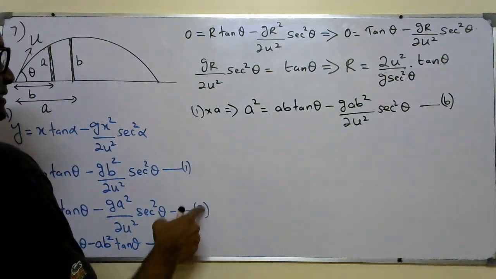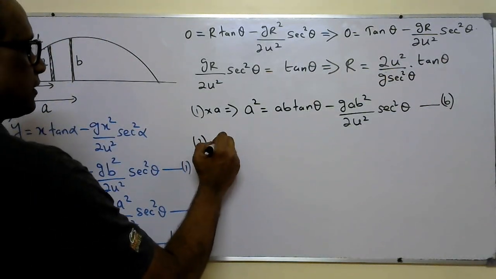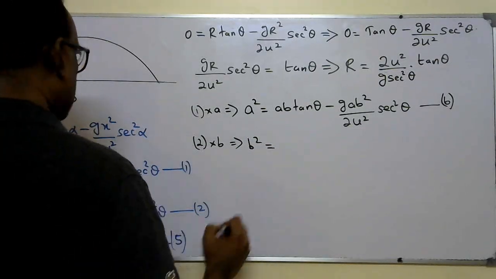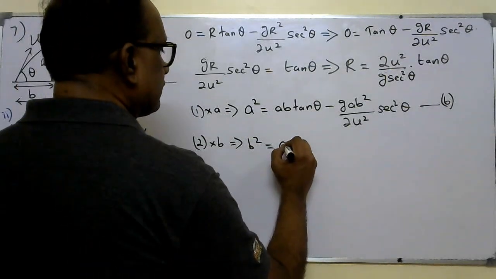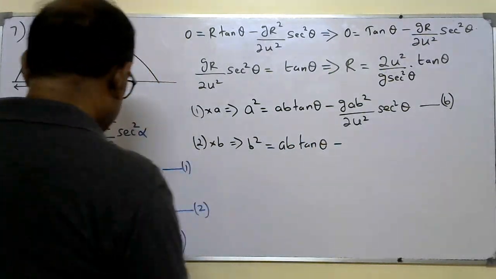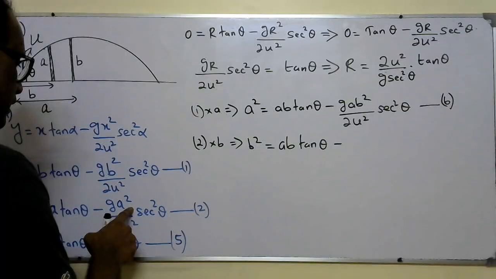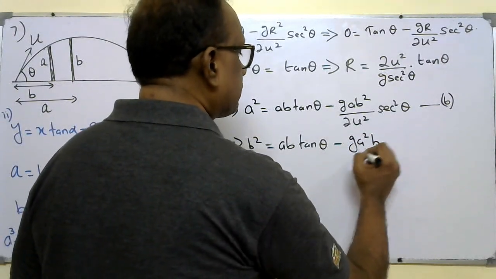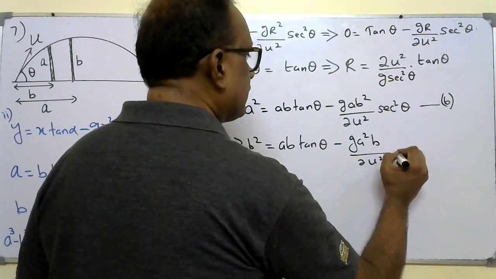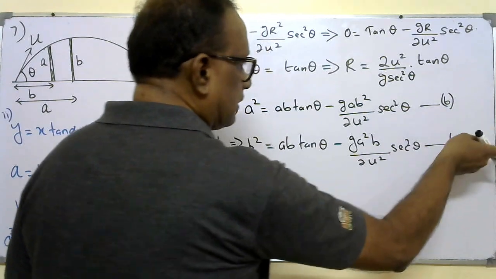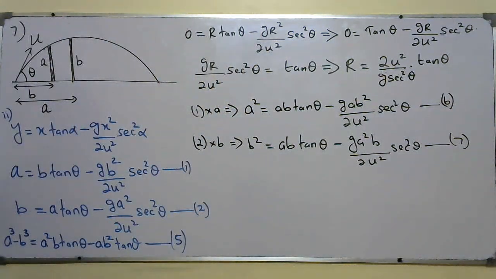Then multiply the second equation by b, you will get b squared equals, again ab tan theta minus g a squared b over 2u squared sec squared theta. So subtract 6 minus 7.